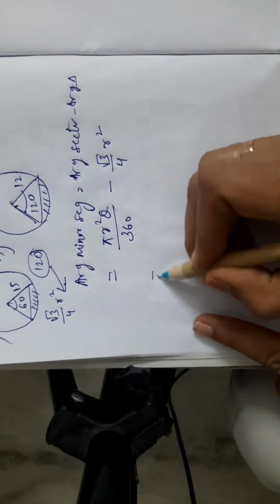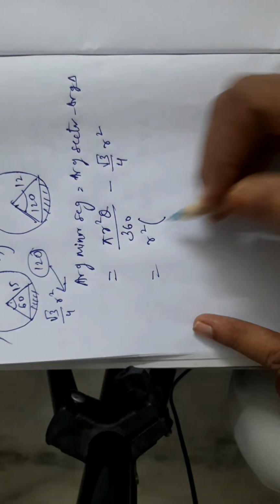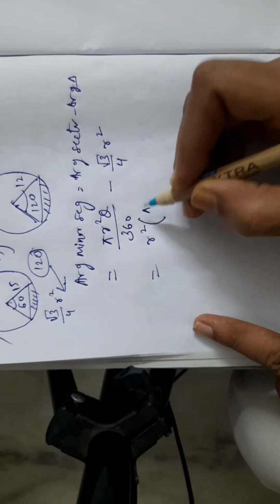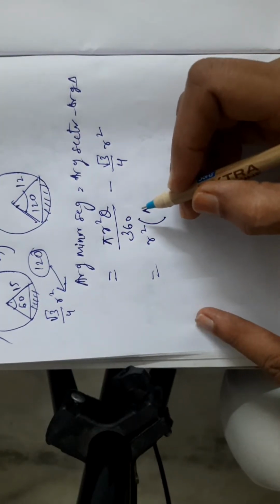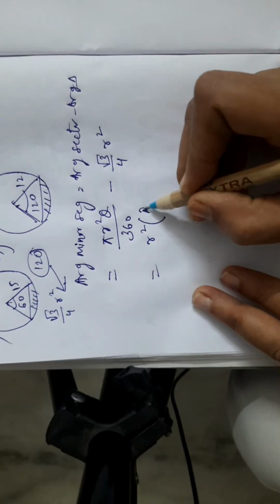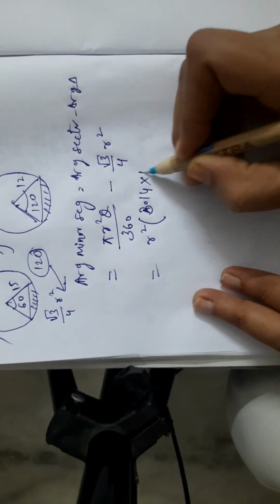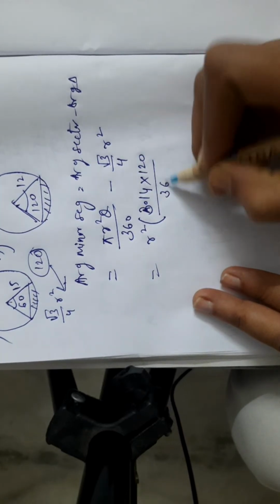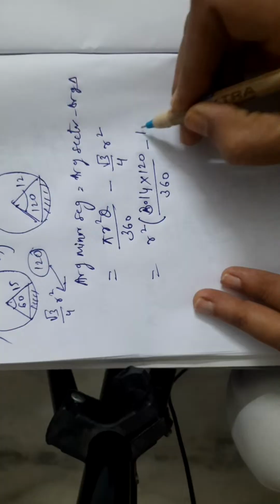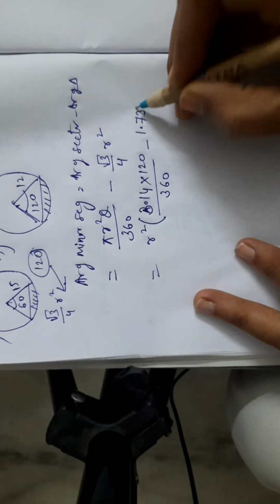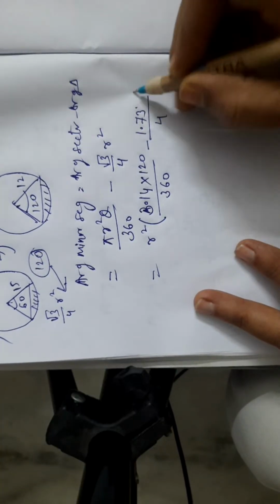Now r square can be taken common, so we are left with pi. Here the pi value is given 3.14. So 3.14 times 120 whole divided by 360, minus root 3, 1.73, upon 4.